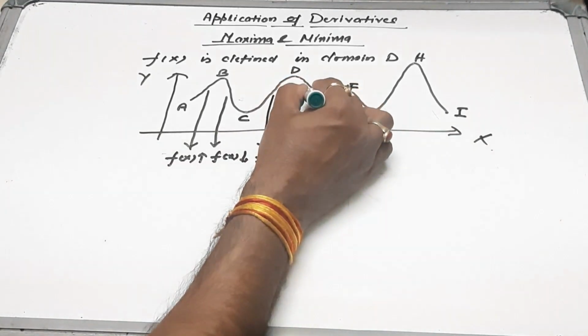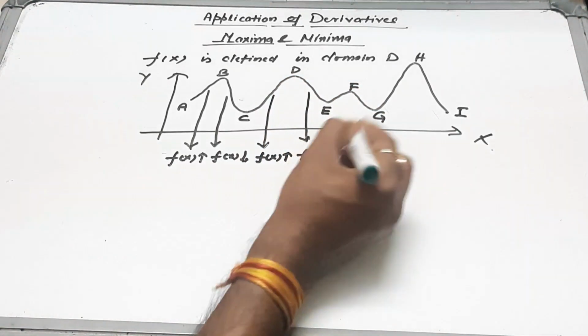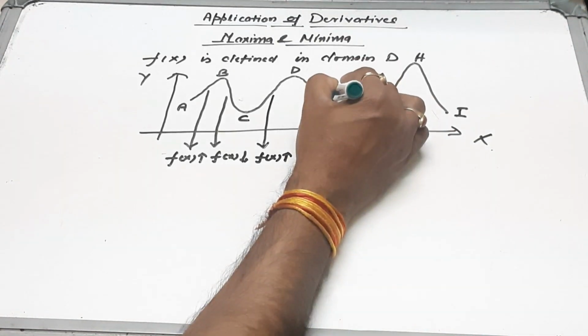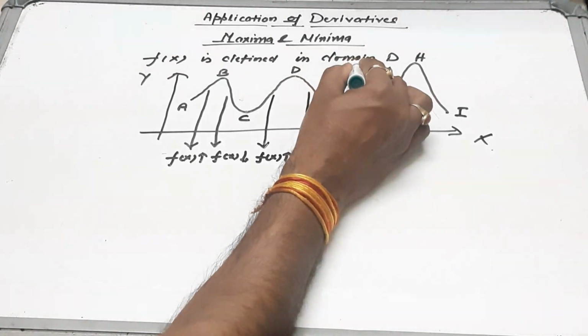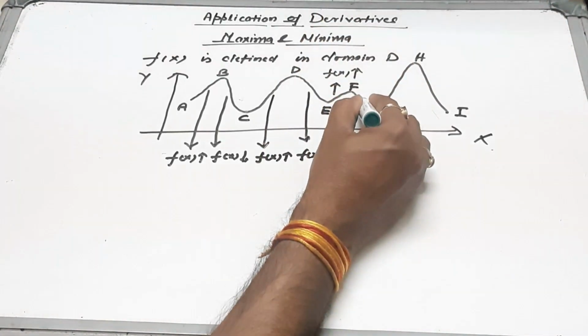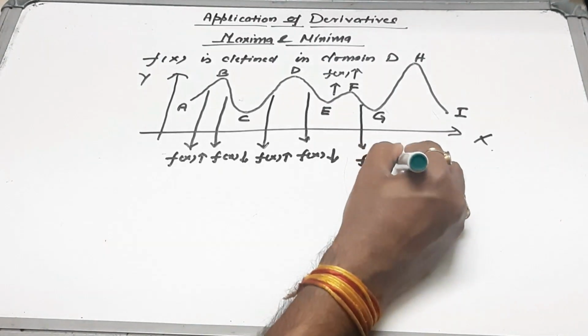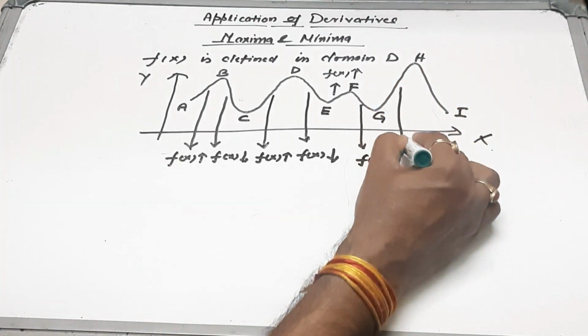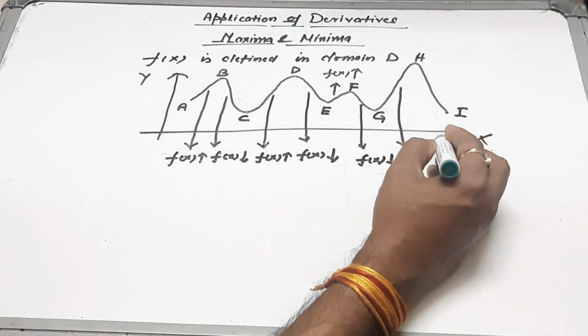Then in DE again decreasing. Then in EF, the function is again increasing. Then FG again decreasing, and so on. In this way, you can find out the function's monotonicity in various intervals.